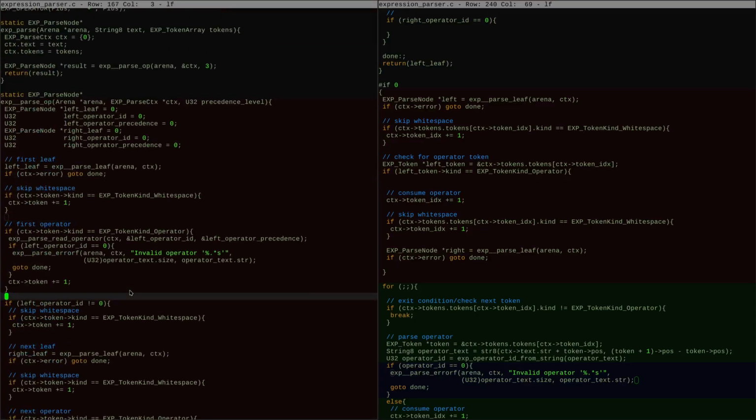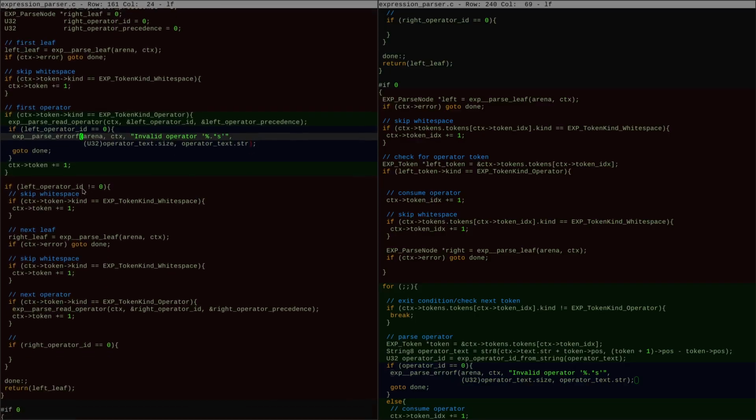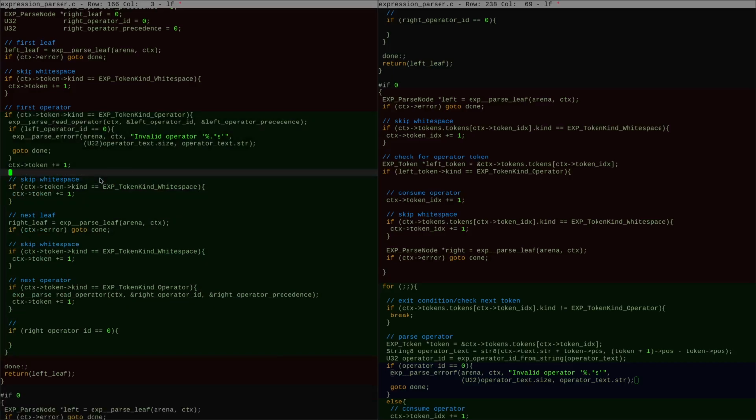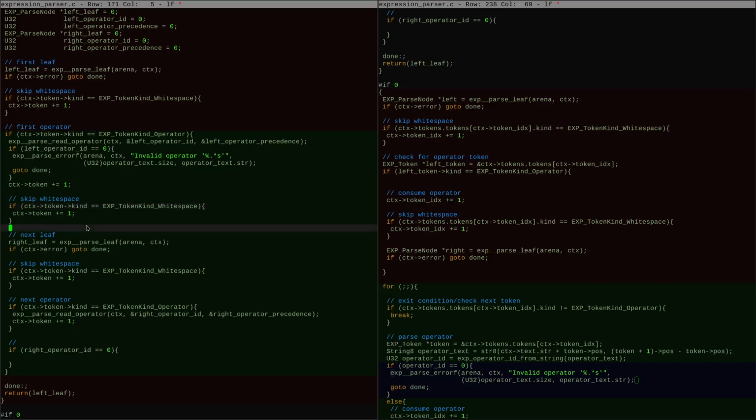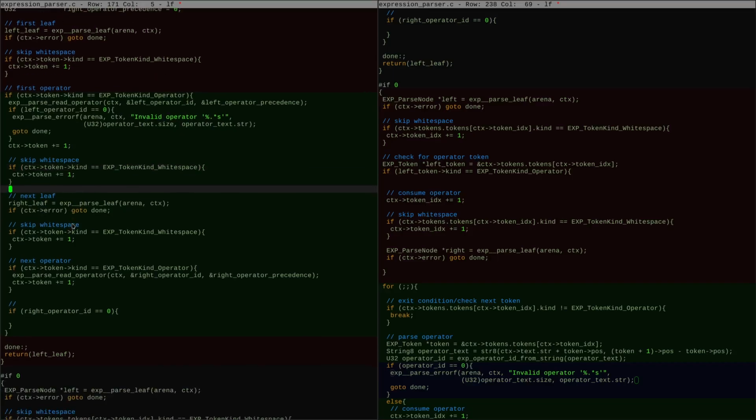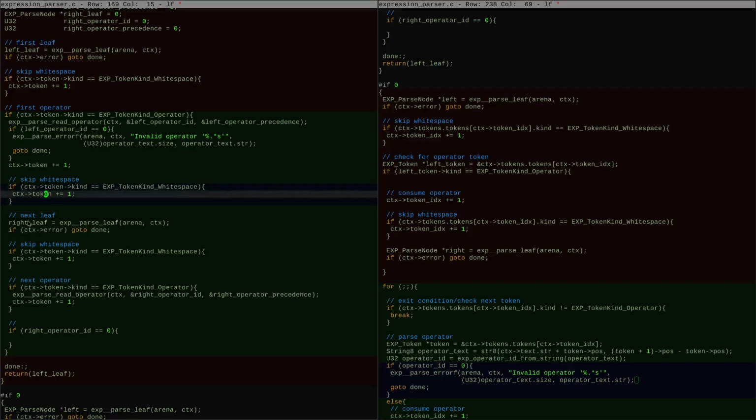So in order for this to be non-zero, it has to go in there and not hit this error. So yeah, it is the same since it's got an error. Yeah, it's got to go to done. So it's like the same, right?